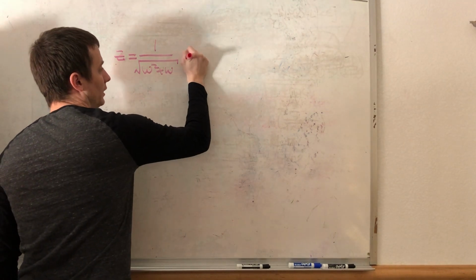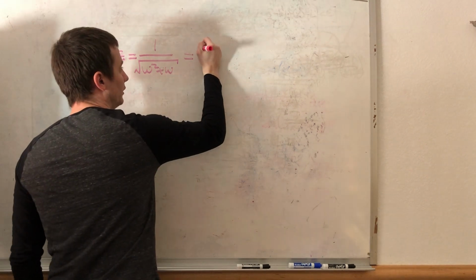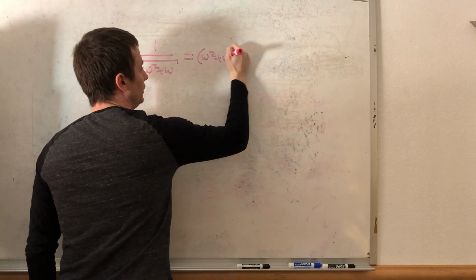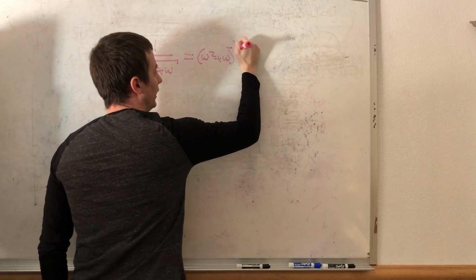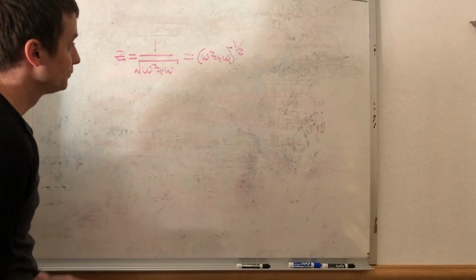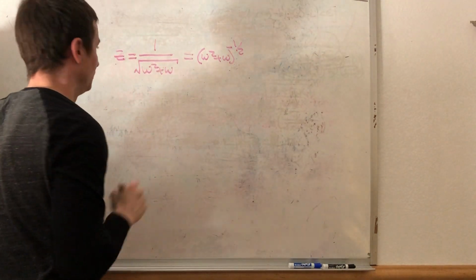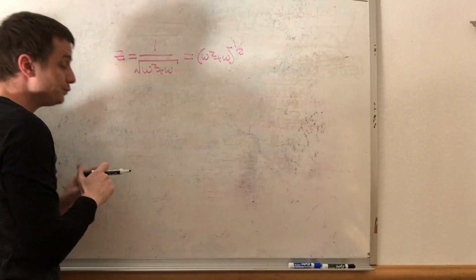So just to write it one more way to make it easier for us to see how to use the chain rule, I'm going to write this as w squared plus w all to the minus 1/2. Same thing. Okay.